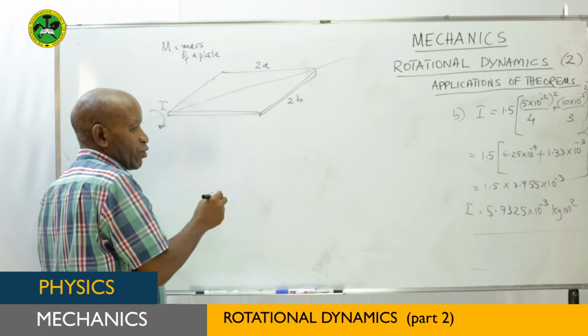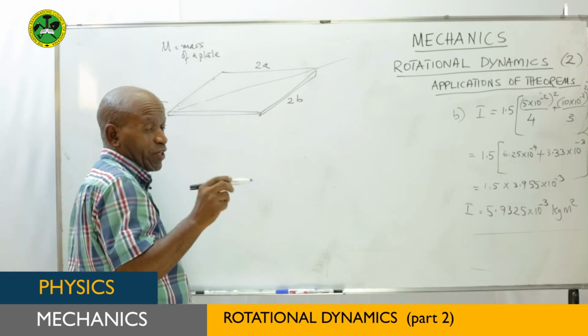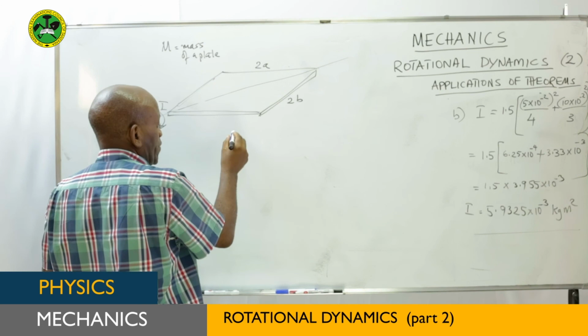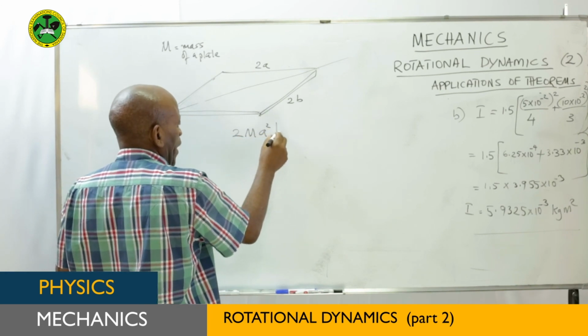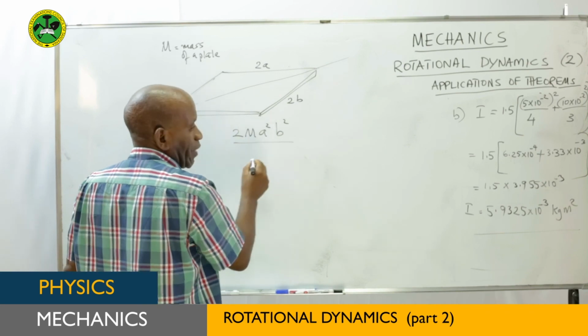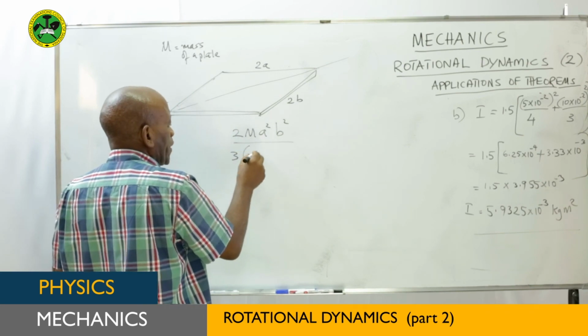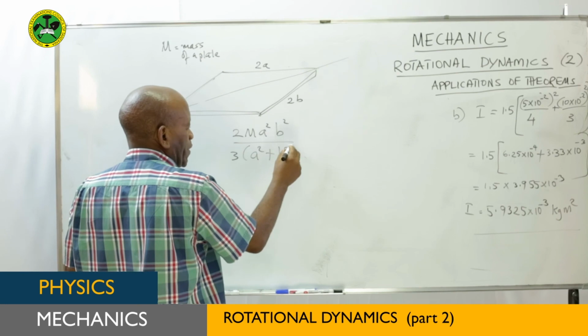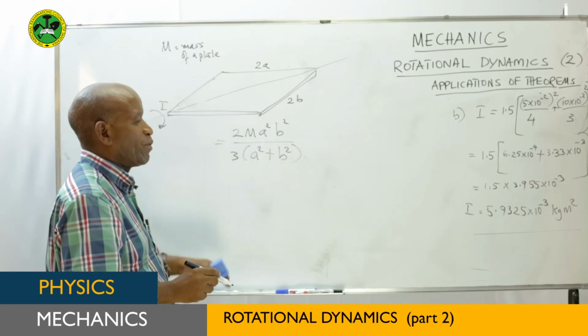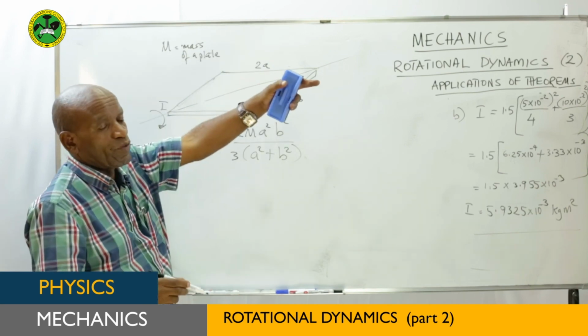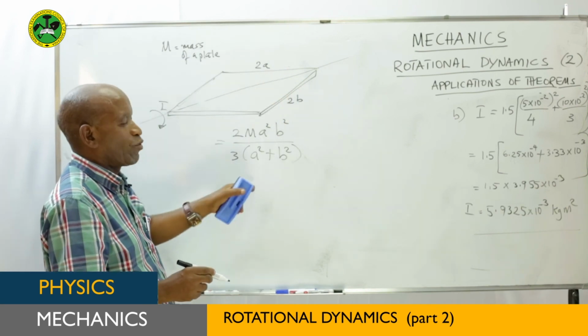Now you need to show that this moment of inertia, from what we have already looked at previously, is equal to 2 times m a squared b squared over 3 times (a squared plus b squared). So you need to show that the moment of inertia about this axis, which is passing through the diagonal, is equal to this much.